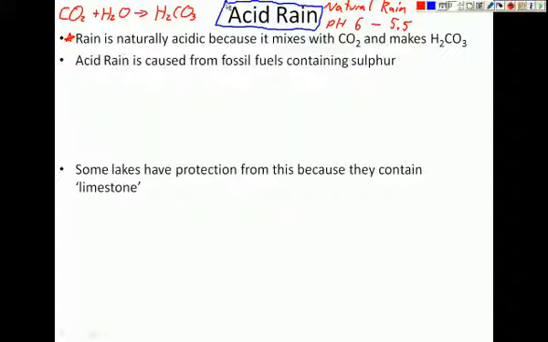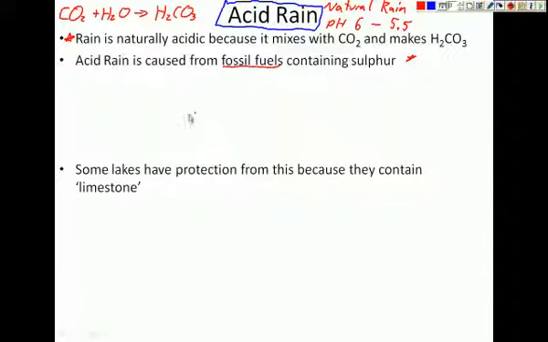If you have some kind of industry, like a factory, that is burning a lot of fossil fuels that contain sulfur, that is what causes acid rain.